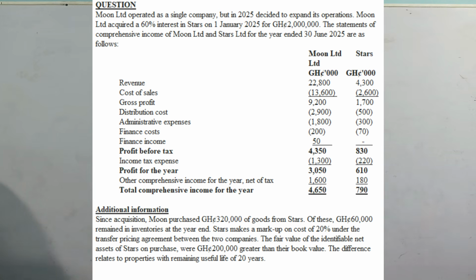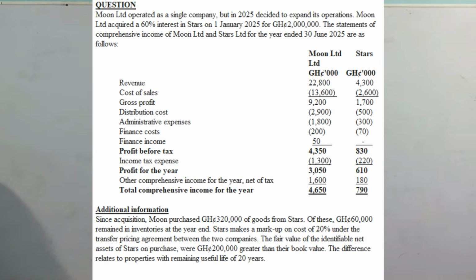Now, let's look at the additional information. Since acquisition, Moon purchased 320,000 Ghana cedis of goods from Stars. Of these, 60,000 Ghana cedis remained in inventories at the year end.